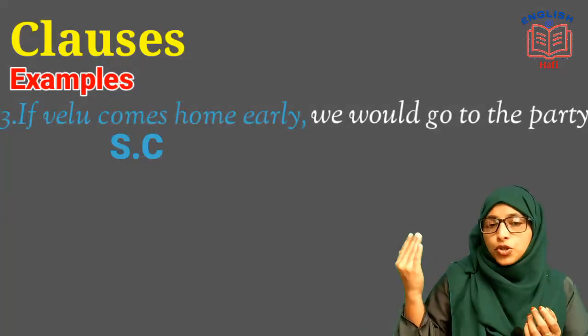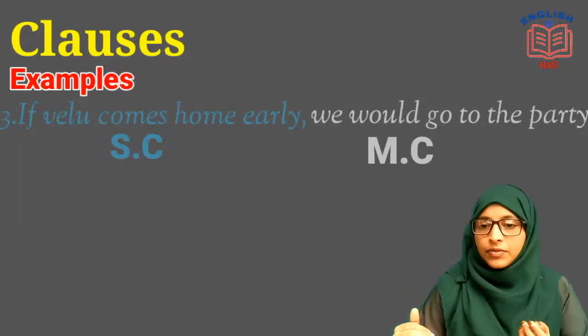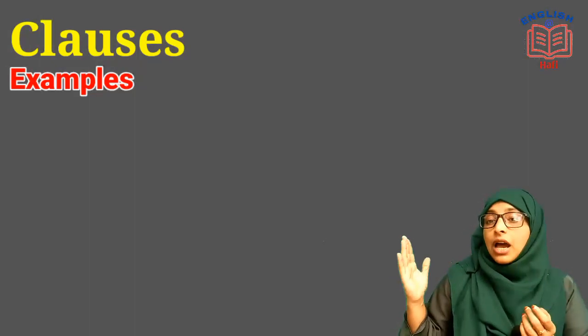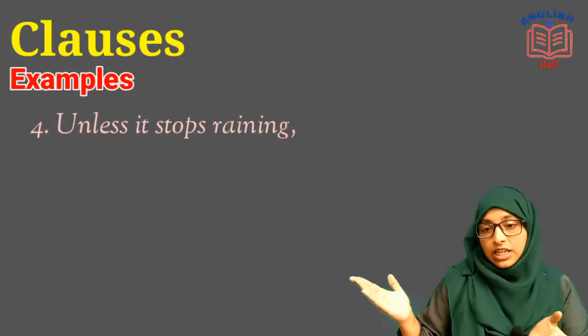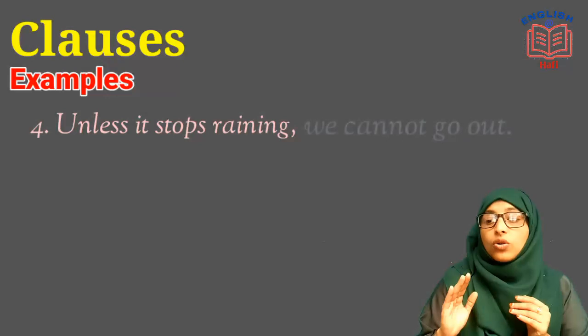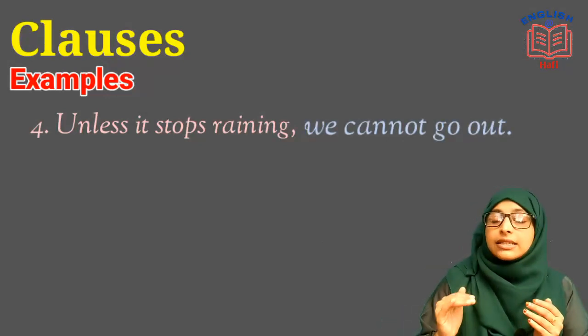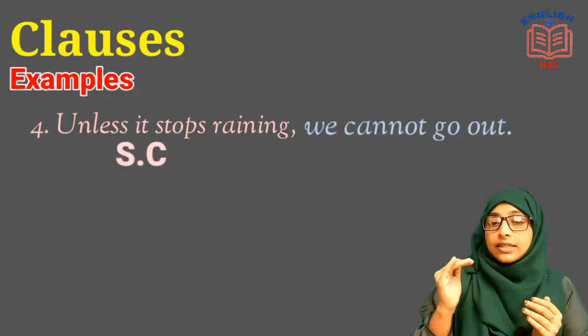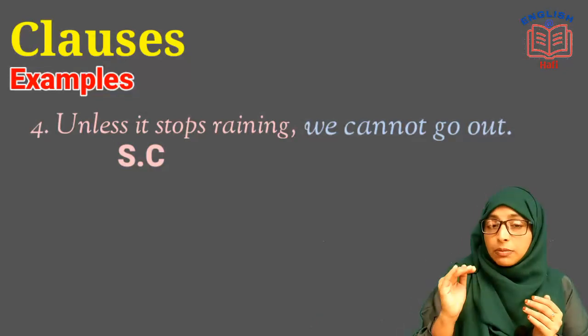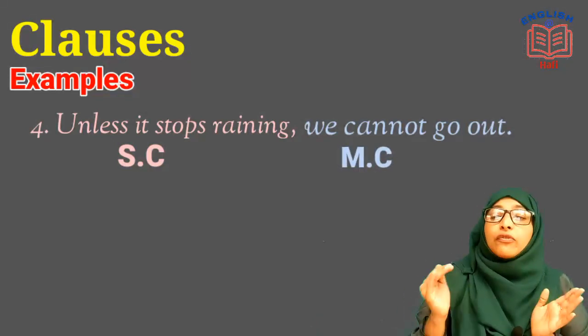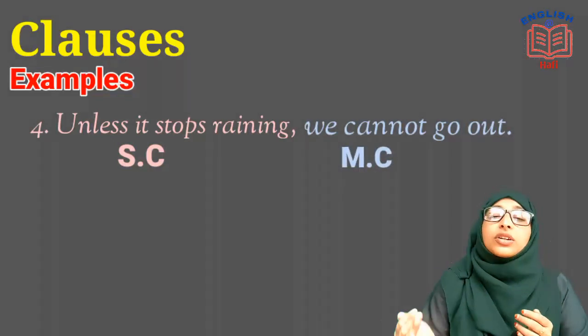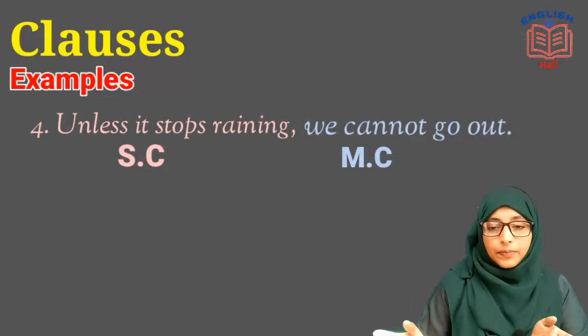We would go to the party is the main clause. And the next example: unless it stops raining, we cannot go out. Unless it stops raining is the subordinate clause, which depends on the main clause, we cannot go out, to give us a proper meaning.